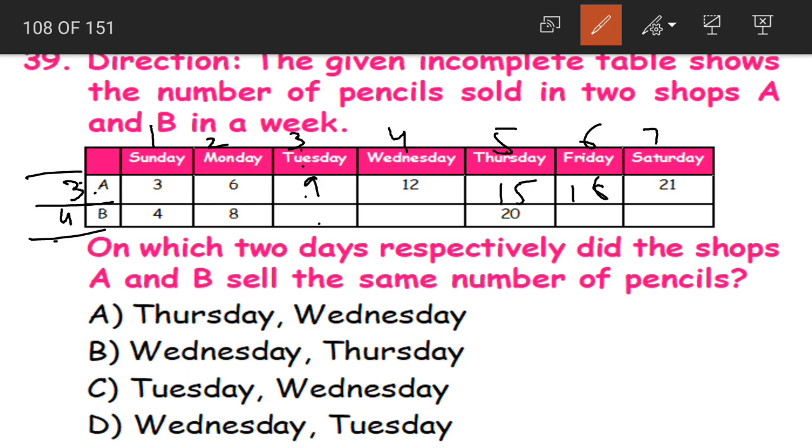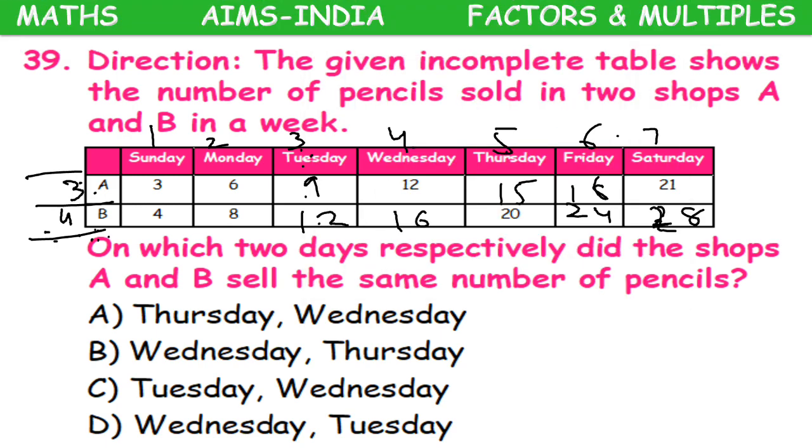Now coming to number of pencils sold in shop B, we have 4 threes are 12, 4 fours are 16, 4 sixes are 24, and 4 sevens are 28. Now what should we find out? On which 2 days respectively did the shops A and B sell the same number of pencils?